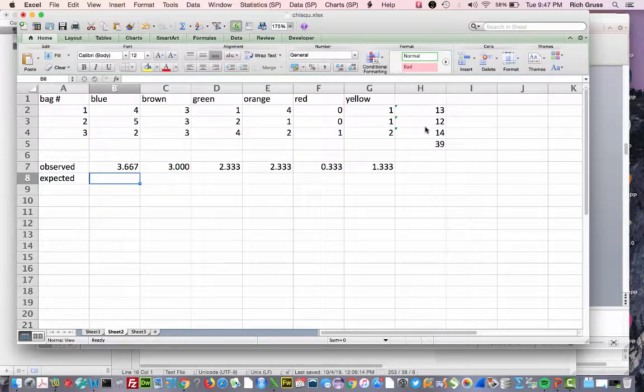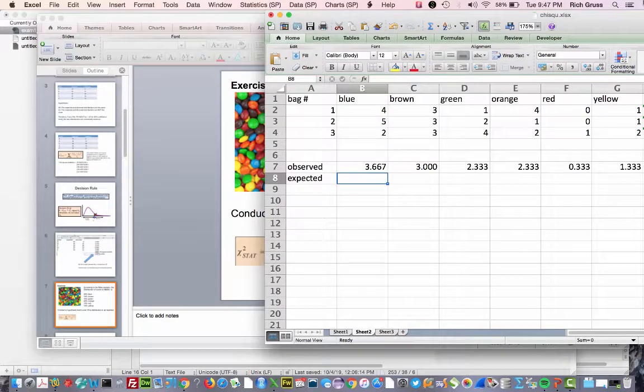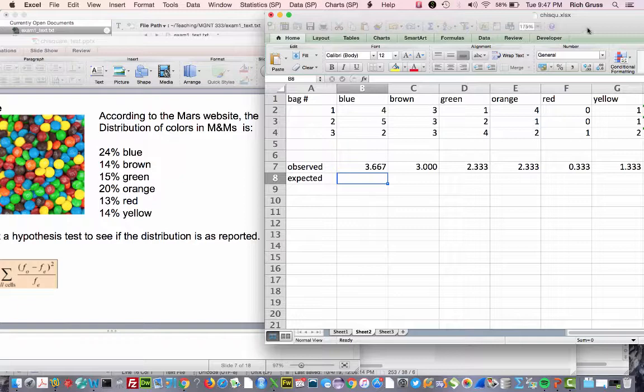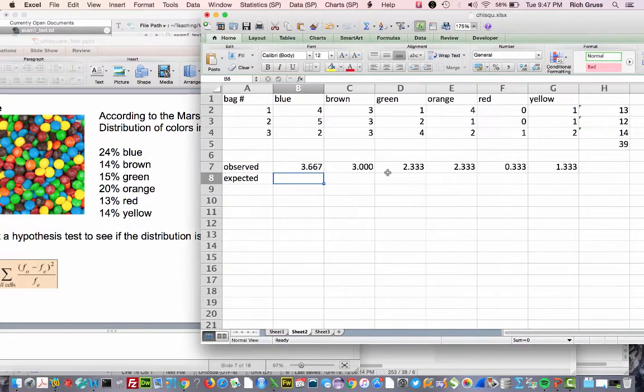So that would mean that the expected would come from this distribution here. So we would expect 24% of them to be blue. So the expected would be 0.24 times this total here. Okay, so 39. And then this would be 0.14 times the total.